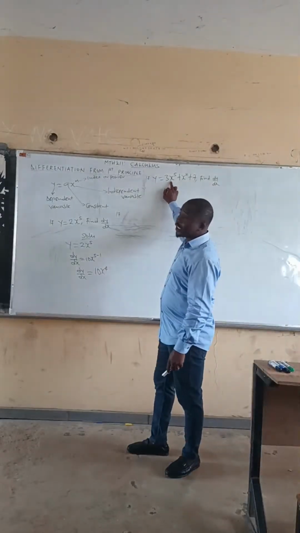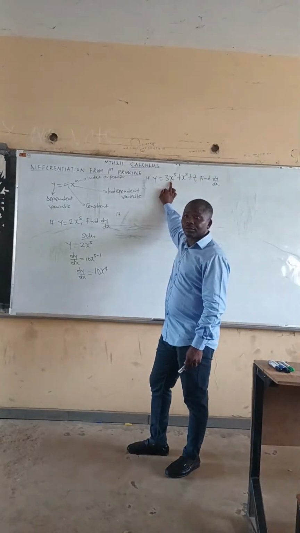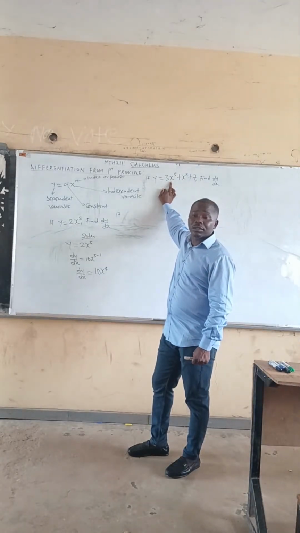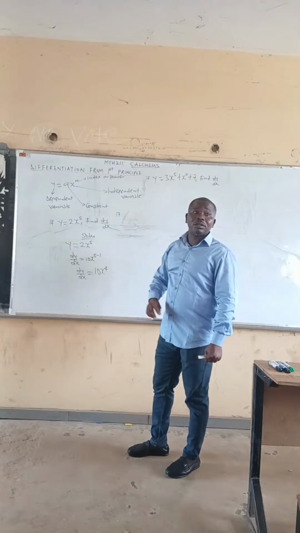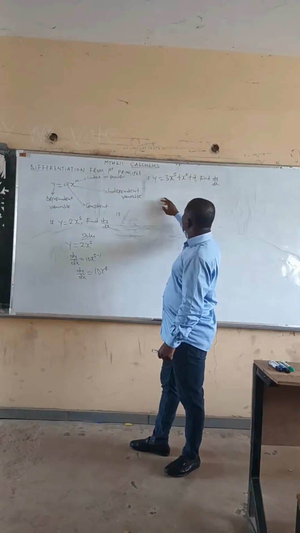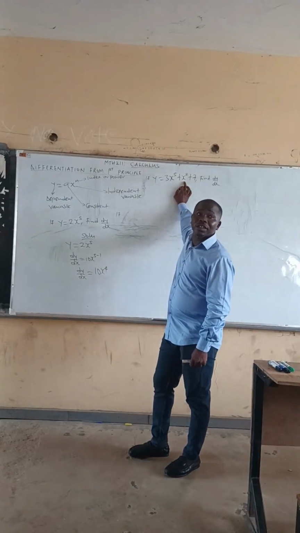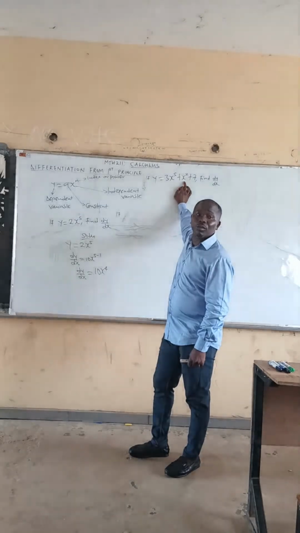If you differentiate here, what are you supposed to have? 15x what? 15x^(5 minus 1). Then if you differentiate this, 2x raised to the power of 2 minus 1.